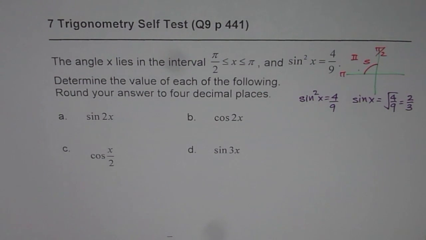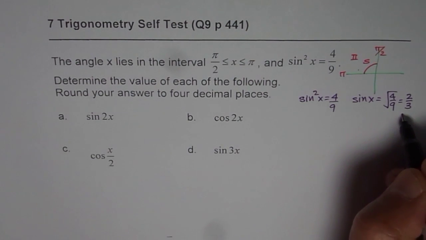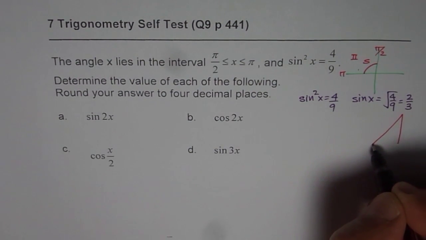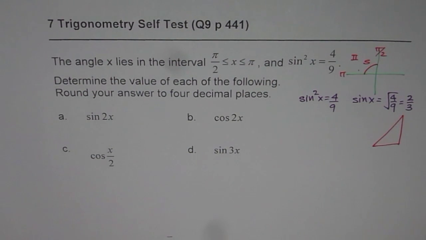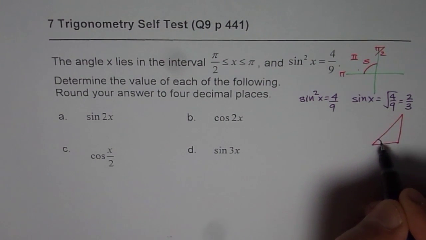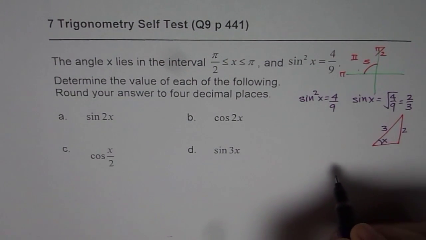Now this value of sine helps us to find our special triangle, and this one is now having opposite side of 2 and hypotenuse of 3, right? The angle is x, opposite side is 2, 3 is the hypotenuse.